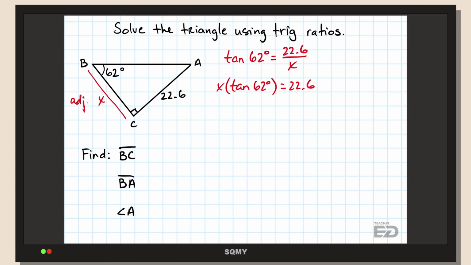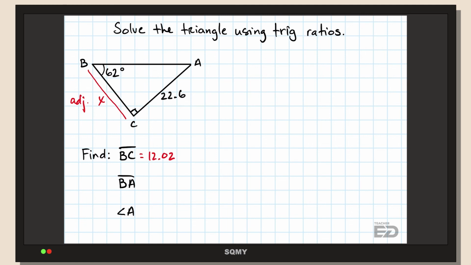Now divide by tangent, and that will give me X equals 22.6 over tangent 62 degrees. Plug that into our calculator, and we get X is equal to about 12.02. So we know line segment BC is 12.02.